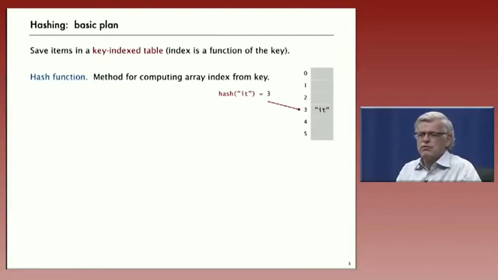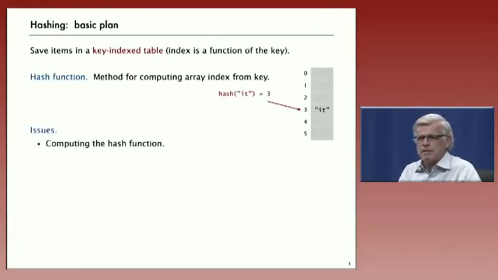And what we do is use a function known as a hash function that takes the key, our symbol table key, and reduces it to an integer, an array index. And we use that array index to store the key and the value in an array, maybe the value in a parallel array. Now there's a lot of issues in doing this.